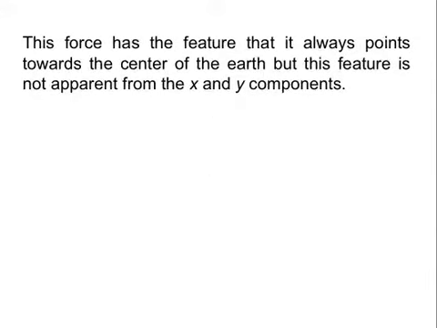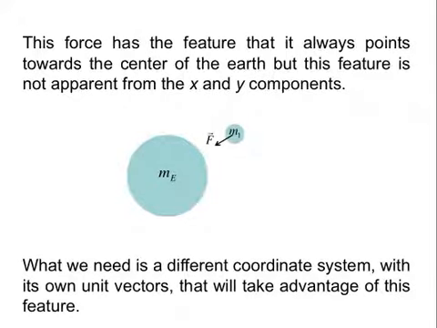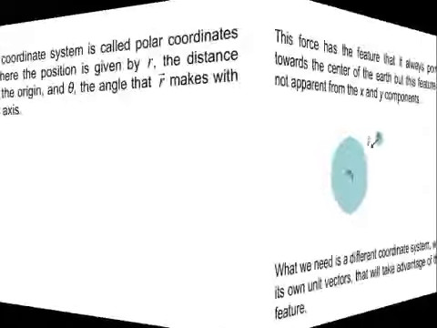This force has the feature that it always points towards the center of the Earth, but this feature is not apparent from the x and y components. What we need is a different coordinate system with its own unit vectors that will take advantage of this feature.